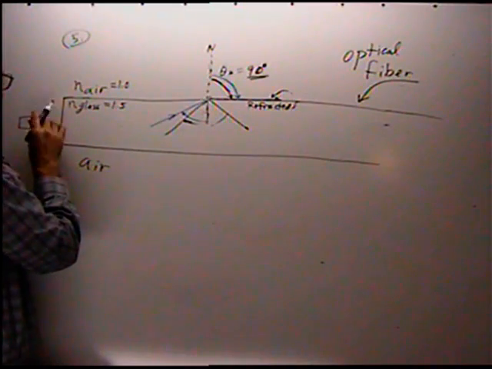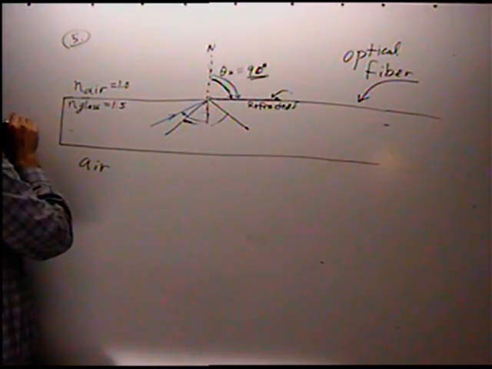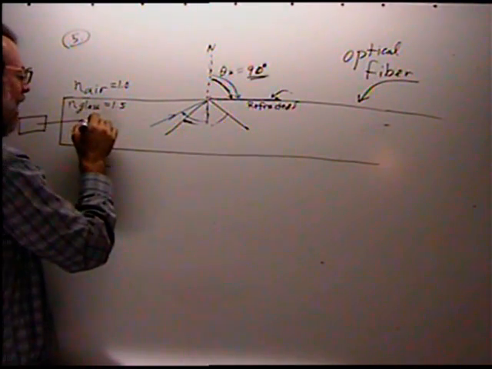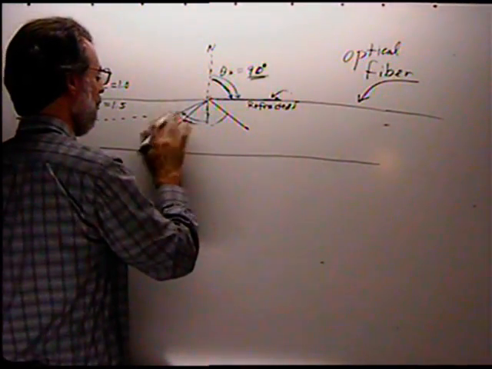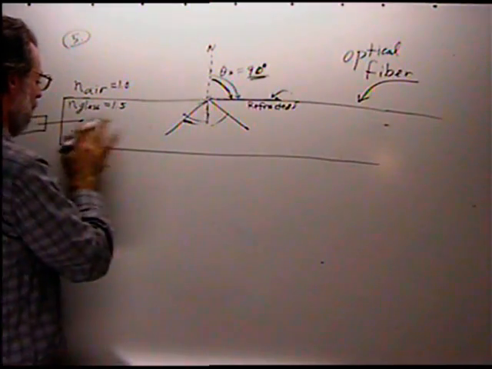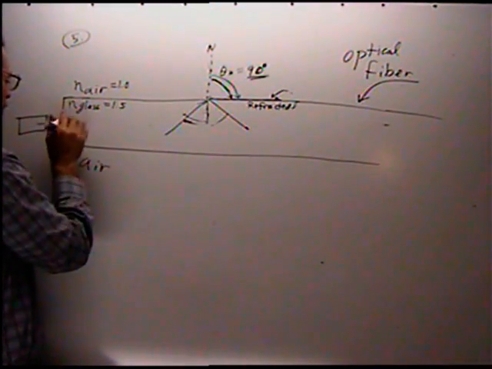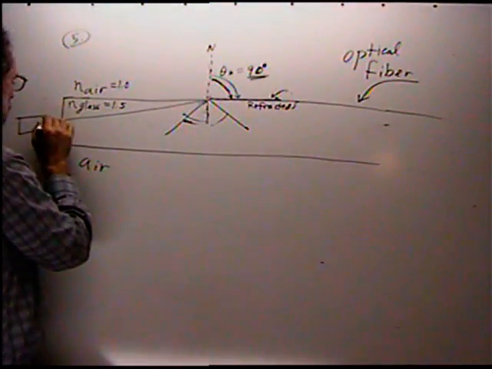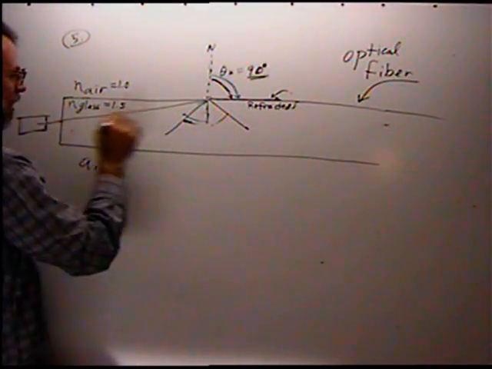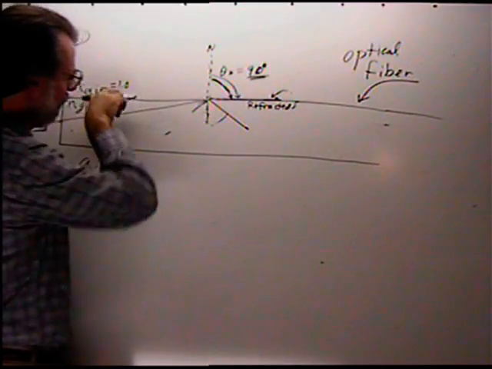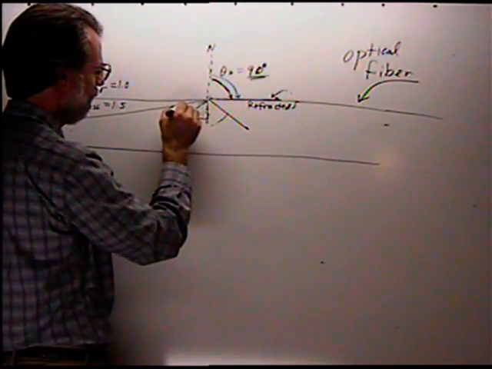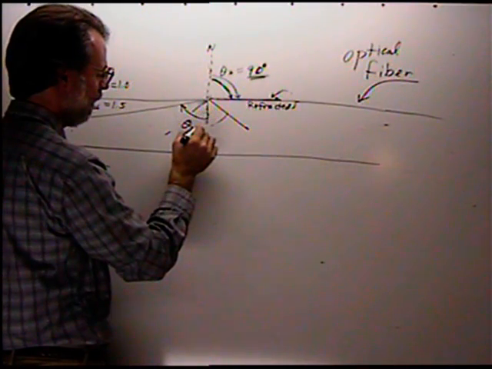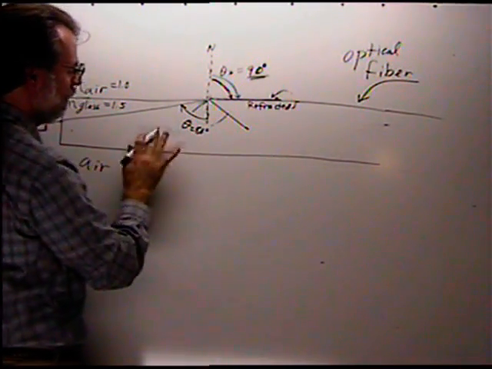We shoot the laser in, so the angle here is a very low angle. I'm going to raise this up a little bit. The angle is quite low, okay? That is low to here, but this angle here is very high. This angle may be 80 degrees. Okay, it's a very high angle.